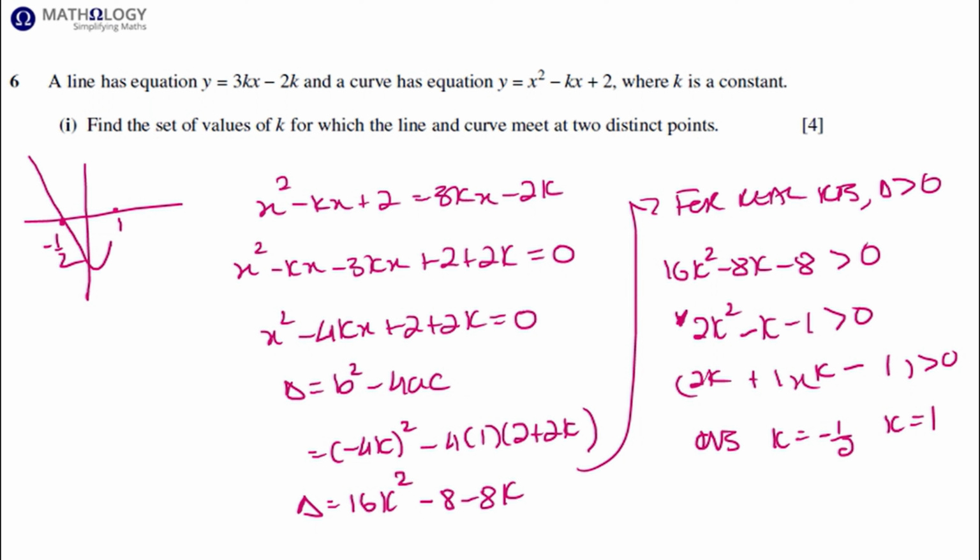Then we're going to have a function shaped upward because the coefficient of k squared is positive, and we are looking for values where y is greater than 0, where we have positive y values, and that will be to the left of minus a half and to the right of 1. So k is less than minus a half, or k is greater than 1.